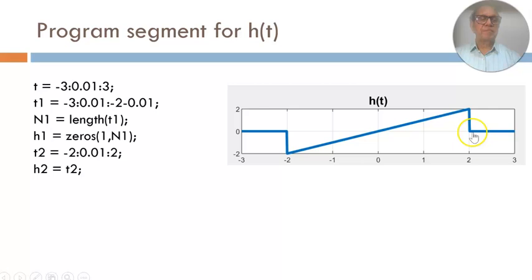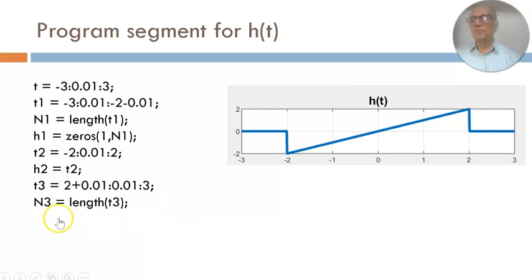Finally, we need to define the last part of the time vector and set all the samples in it to 0. T3 is defined like this. Since the last one ended at 2, the next one must start one sample time later. So this starts at 2 plus 0.01, again the sampling time, and goes all the way up to 3. So now what do you do?